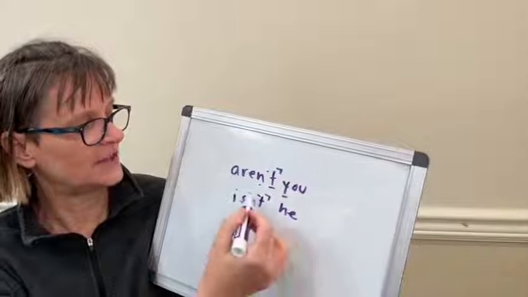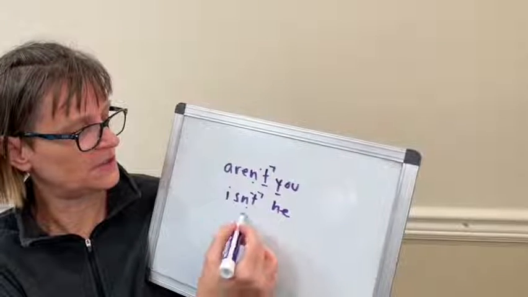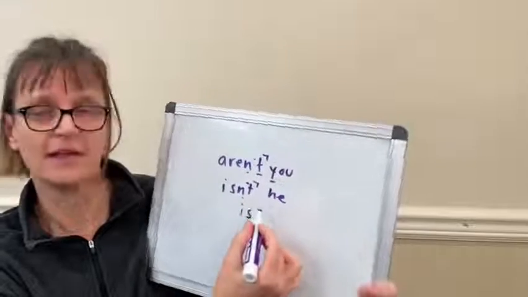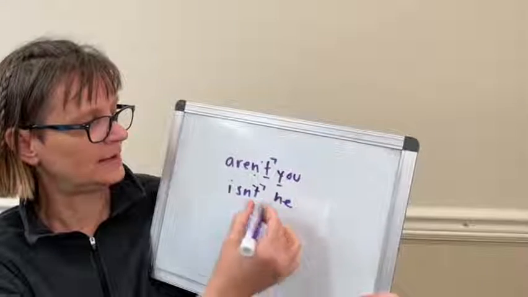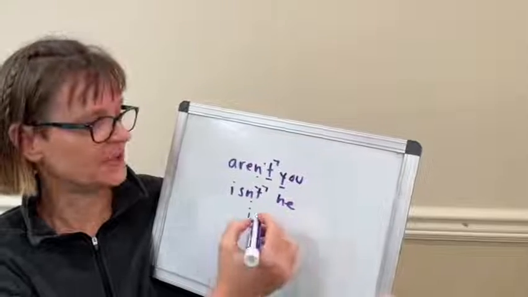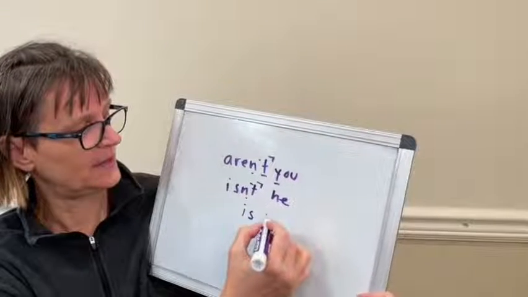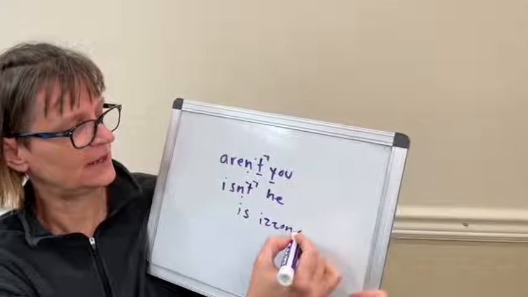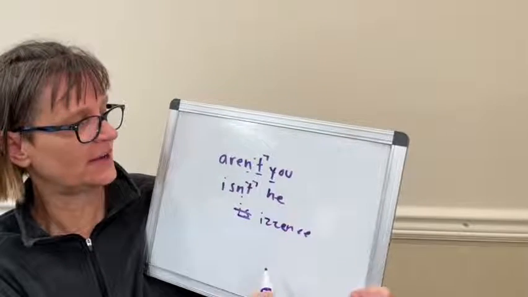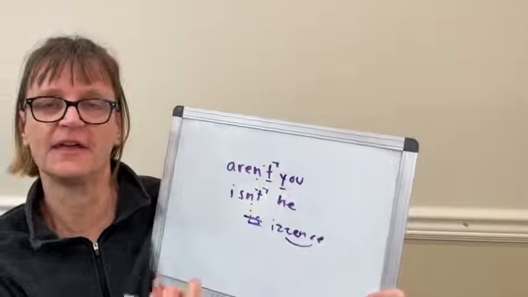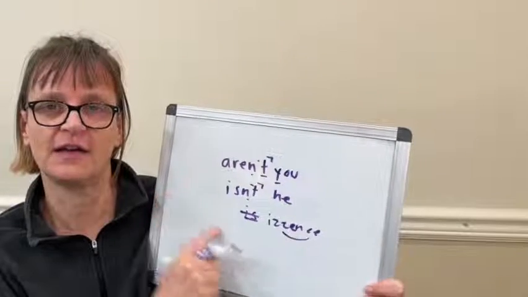In this case, what we will also often do is, instead of making a stop T, we will drop the H. So it'll sound more like, isn't he? In which case, when we do that, we do drop the T entirely and we link it together and we drop the H. So either he's a great guy, isn't he?